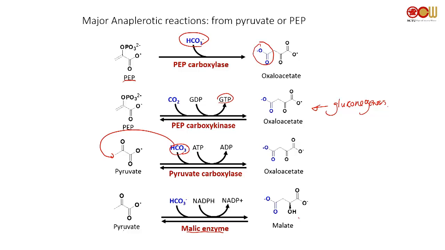Now, this last reaction actually makes sense because if you look back at the energy of the TCA cycle, remember we said that malate to OAA is about plus 30. So the reverse, OAA to malate, is going to be minus 30. So if we combine pyruvate with CO2, you will generate oxaloacetate, right?